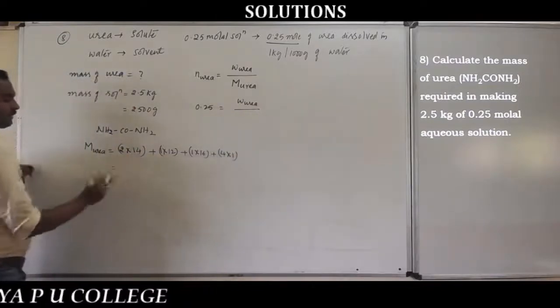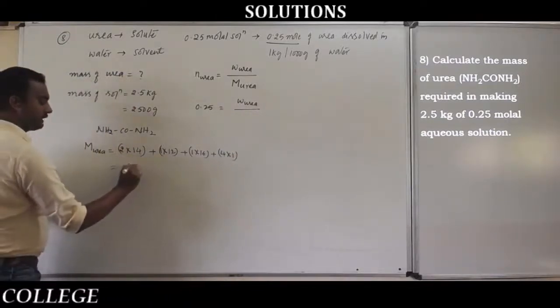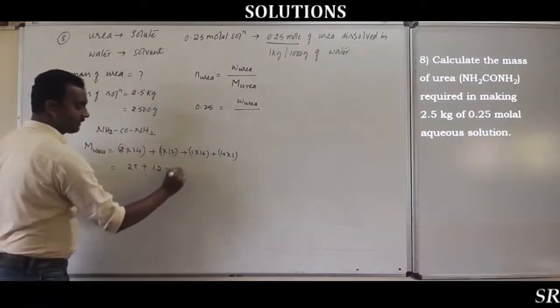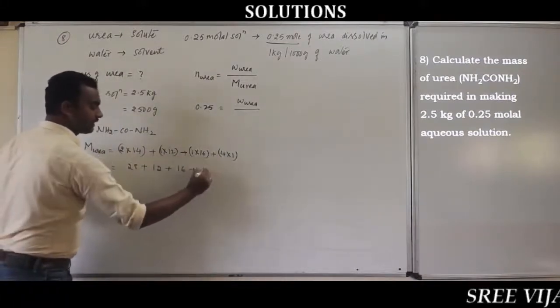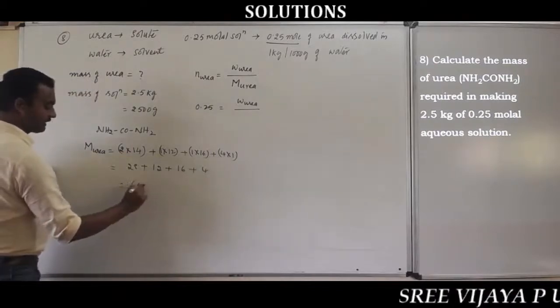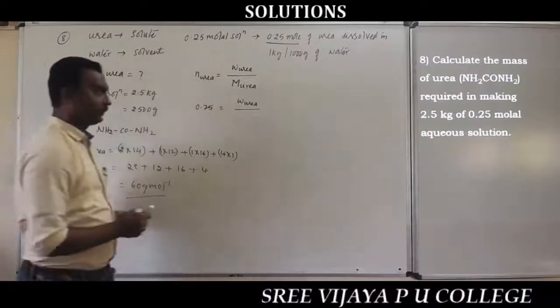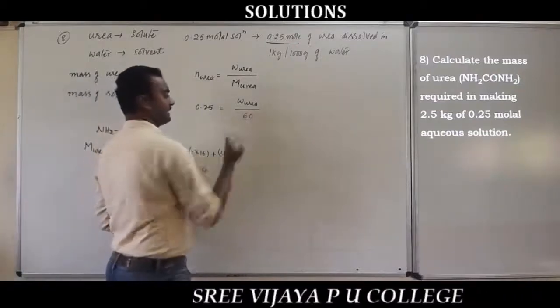That is 28 plus 12 plus 16 plus 4, which equals 60 gram per mole, the molar mass of urea.